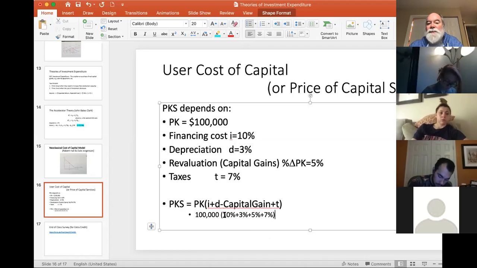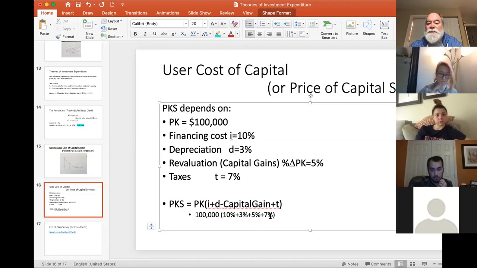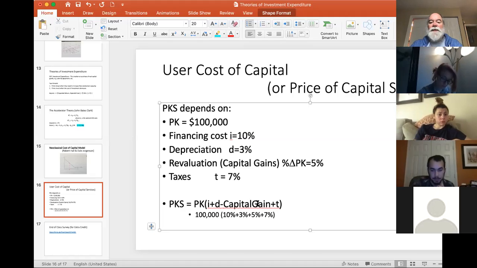So what did it cost to use the truck for the year? Well, it cost 10, 13, 18, 25%. Don't we subtract the 5%? No, because it was a capital loss, not a capital gain. So we did a minus. Gotcha. Okay. So what does that work out to? $25,000, I believe, right?